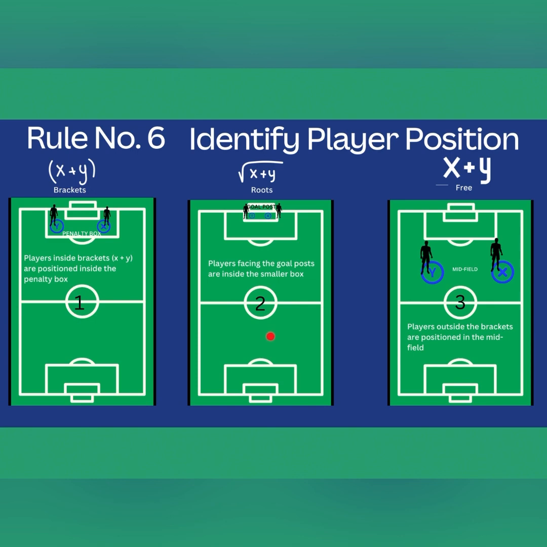Field number 2, when we have players under the roots, such as X and Y under the roots, we say our players are in the goal box, which is the smaller box. Soccer field number 3, when we have players that are not surrounded by brackets or roots or anything, we say our players are free and they are running free or standing free on the midfield.